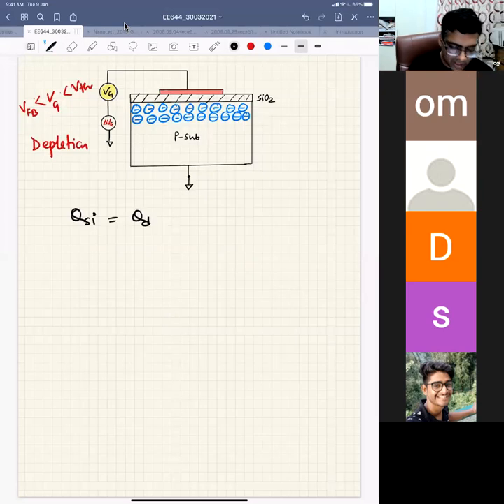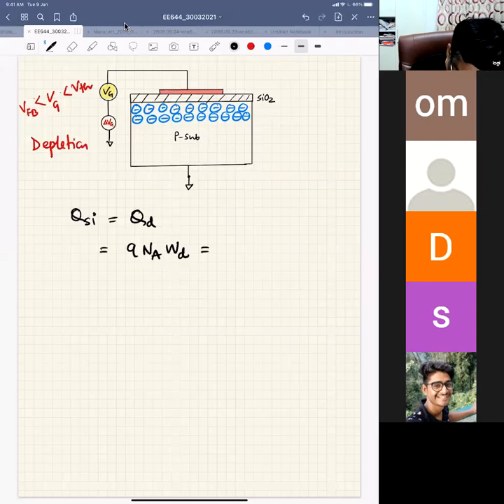We are assuming there will be some inversion charge, some electrons, but that electron concentration is much lower than the depletion charge, right? So this is nothing but QD, and QD is nothing but q NA times WD in this case.